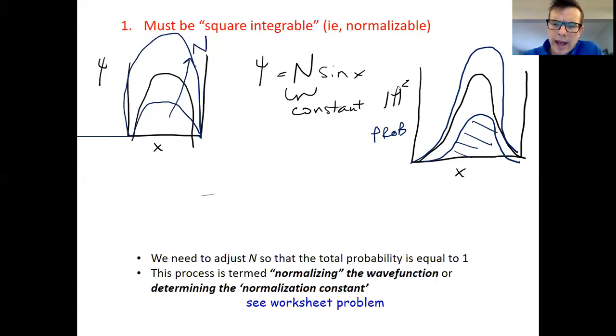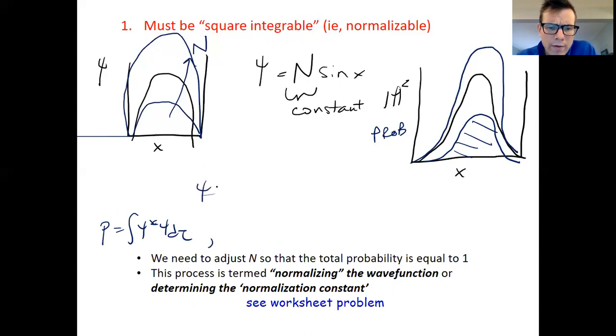And so at this point, what we need to do is adjust n so that the total probability, if I integrate over all space, is equal to 1. That is, again, p equals the integral of psi star psi d tau.